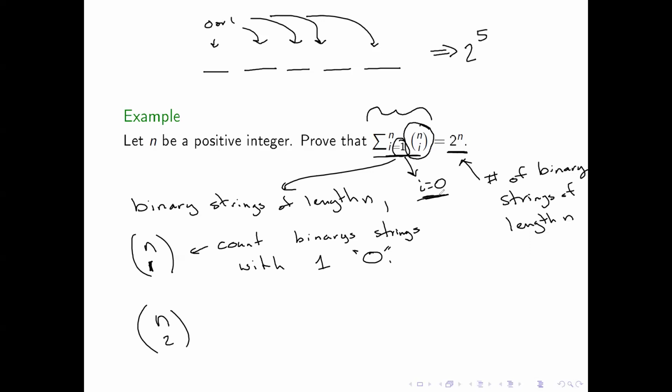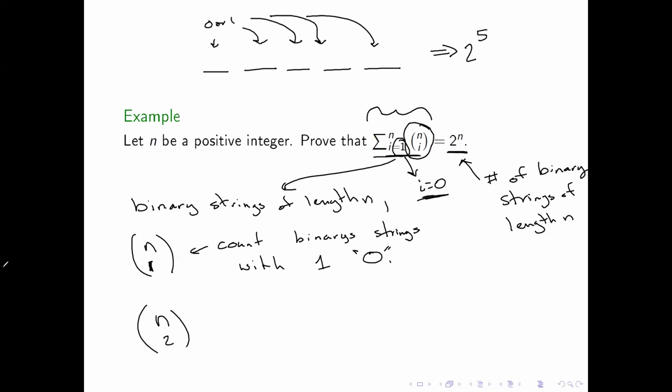Why would it actually start with i equals 0? All ones. Yeah, what if it's all ones? I have to count that situation. And then I have to count if there's all but one, all but two ones, and so forth.